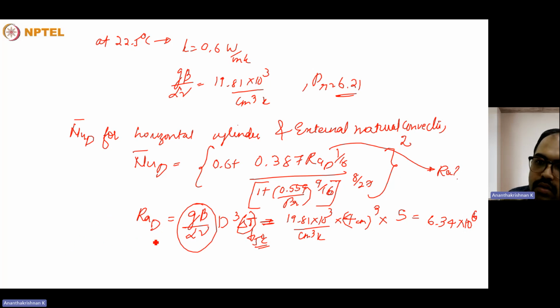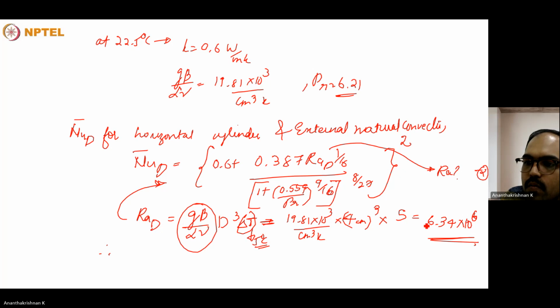We substitute that into the Nusselt number. The Nusselt number D, substituting the Prandtl number 6.21 and Rayleigh number 6.34 into 10 power 6, we get the value 30.45.